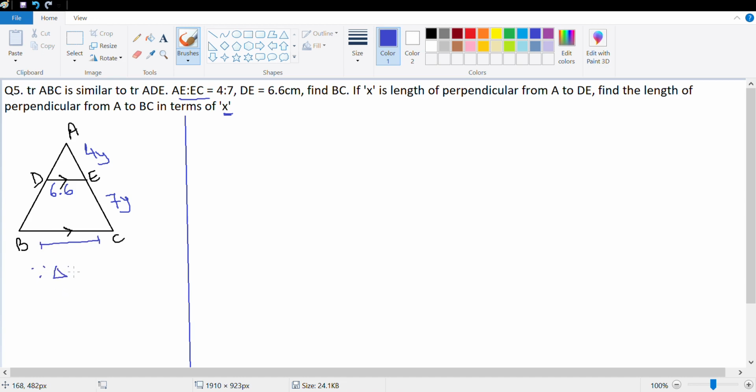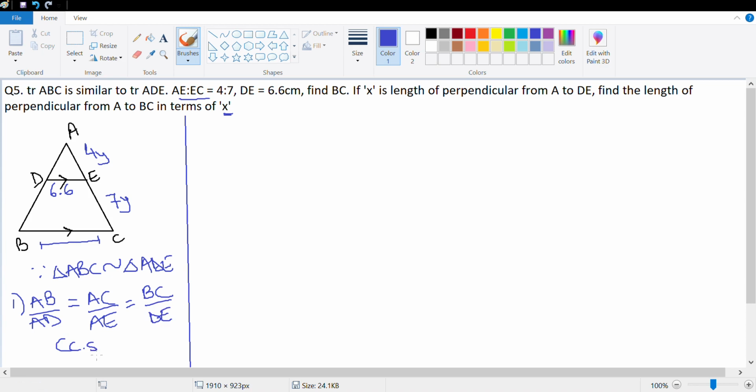Since triangle ABC is similar to triangle ADE, what I have is AB upon AD is equal to AC upon AE, equal to BC upon DE. This is CSST: corresponding sides of similar triangles are in proportion.